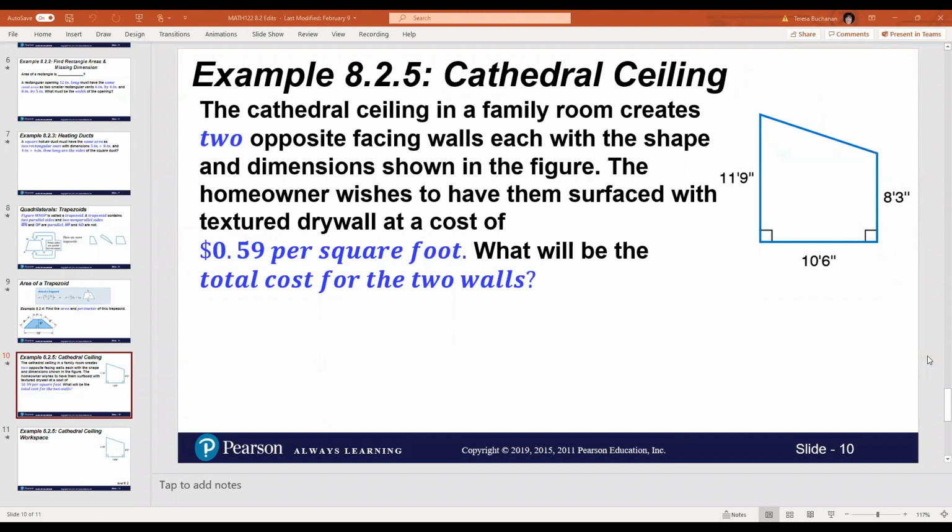You can find it that way, and some of you will go ahead and do that, I realize. Some of us would say, well, maybe I could think of this as a trapezoid. Is it possible to do this problem as a trapezoid problem?